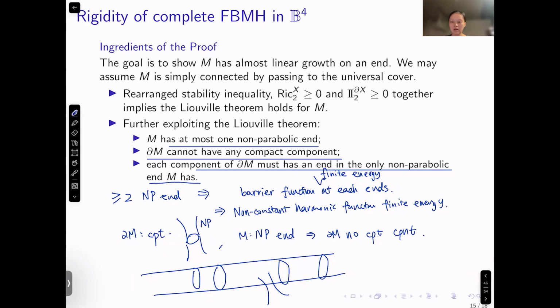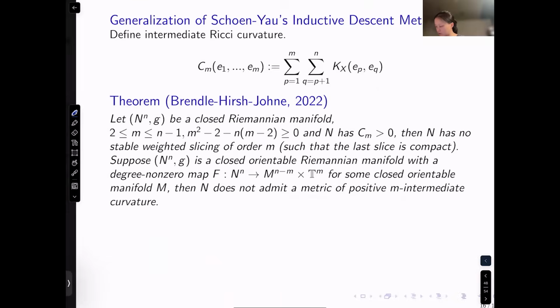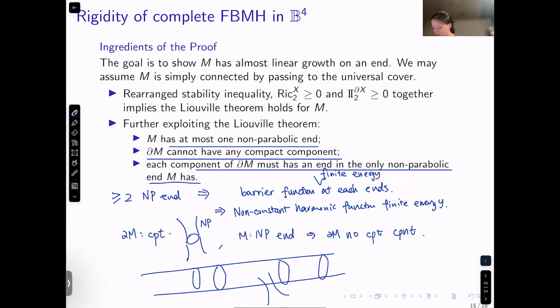And again, that's a problem in the case of a manifold with boundary. So what you can prove is that each component of the boundary has to have an end that lies in the only non-parabolic end M has. So that's another more technical detail. So this image cannot appear.